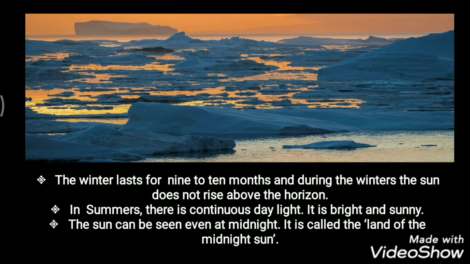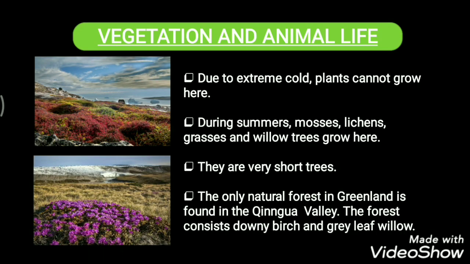Next is the vegetation and animal life. If we talk about the flora and fauna of Greenland, first let's see the vegetation. Due to extreme cold, plants cannot grow there properly. During the summertime, mosses, lichens, grasses and willow trees grow here, and they are very short.